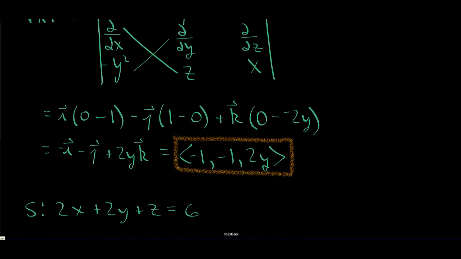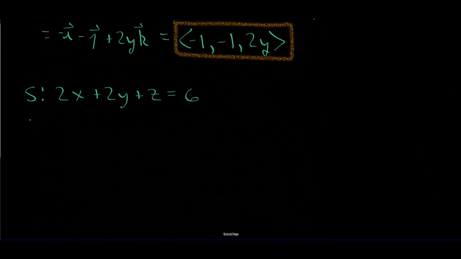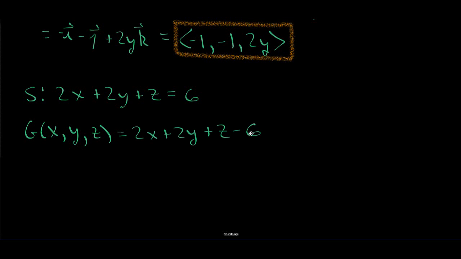Okay, so let's look at that surface. And here's what I want to do with that surface. I want to get a g of x, y, z, and write it in the form that we've been using. I'm going to have 2x plus 2y plus z minus 6. And then what I want to do is find the gradient.